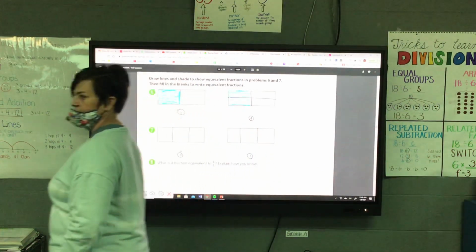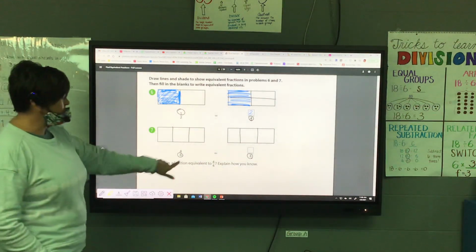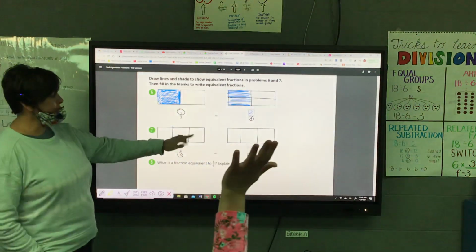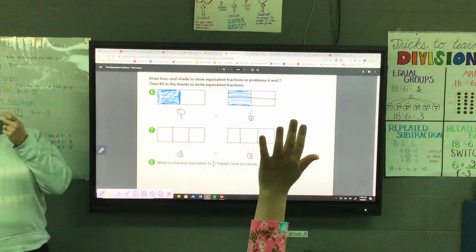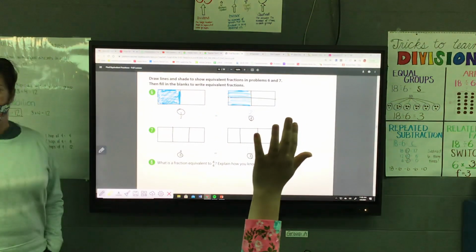As close as I can. But this one has to be split into 6. What could I do to get my 6 equal parts on this shape that I only have split into 3 parts so far? Lucas, come show us.